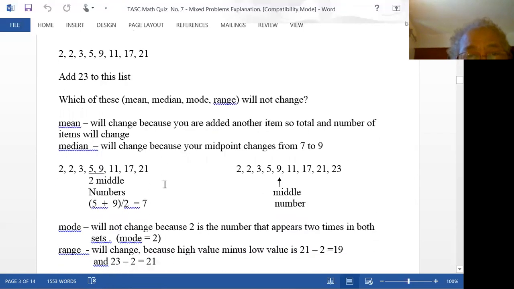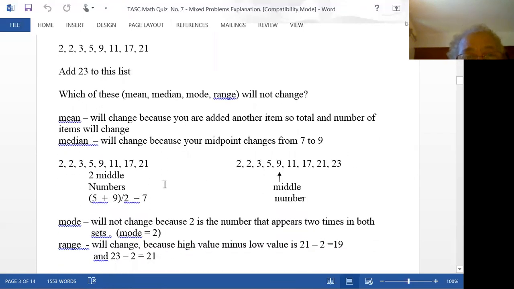Now, let's look at the median. Will the median change? The median is the midpoint. Of course, the median will change because we had here 8 items, now we have 9. Now, remember something about median. When you have an odd set of items, you have one single value in the middle. When you have an even set, you have 2 items in the middle, and you get an average of those 2 items.